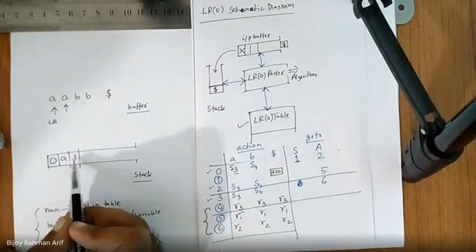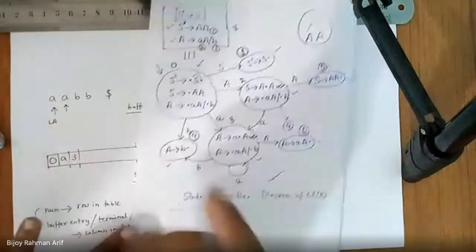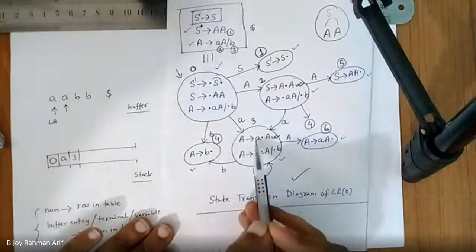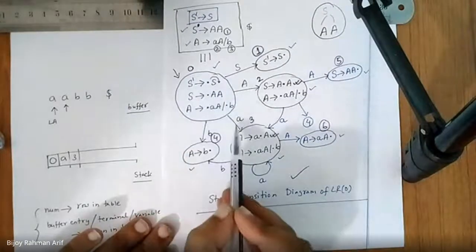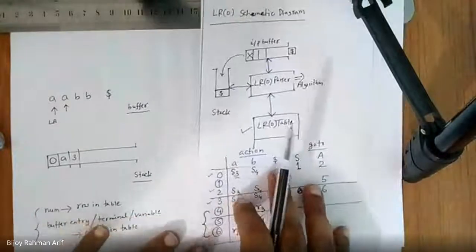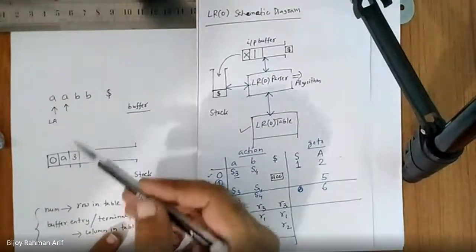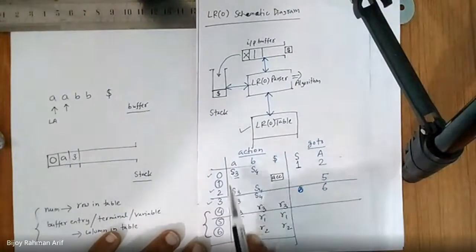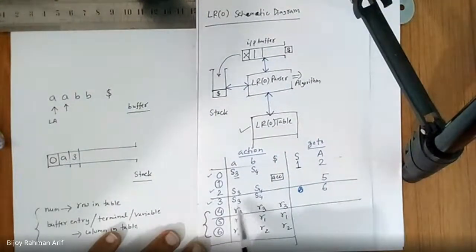Now we are in state number 3. That means we are moving from 0, pushing A, to state number 3. Now 3 is seeing A. So we go to row number 3, seeing A. What is the entry in the table? Shift 3. So what are we going to do?